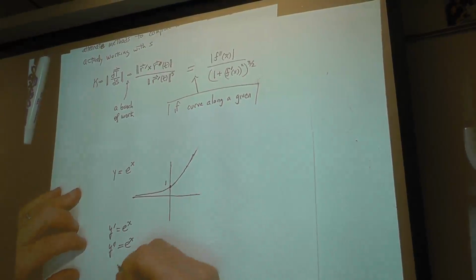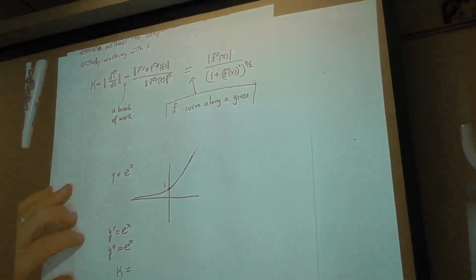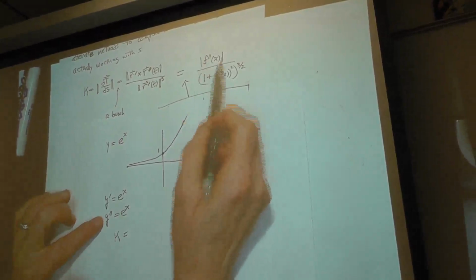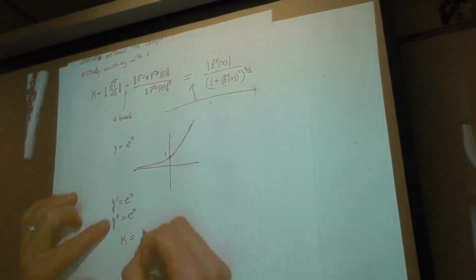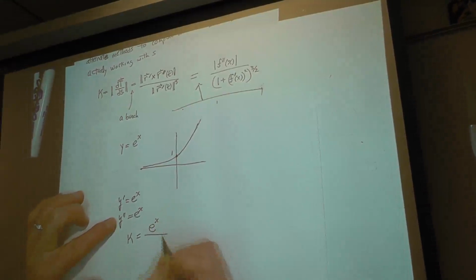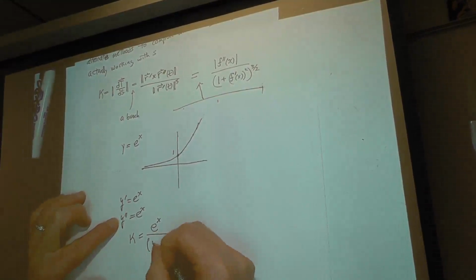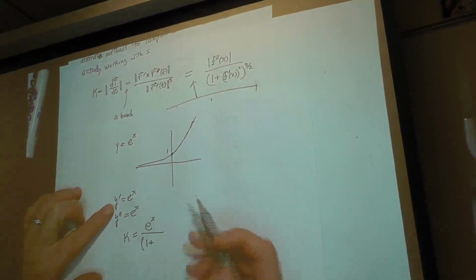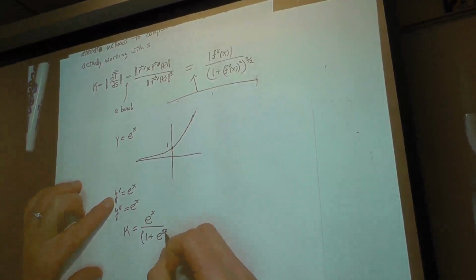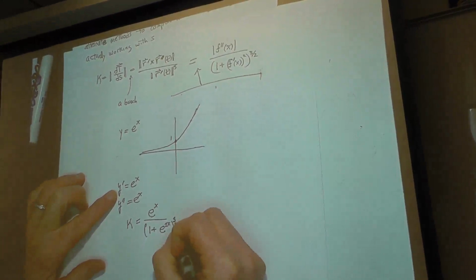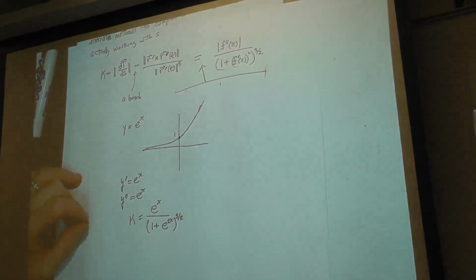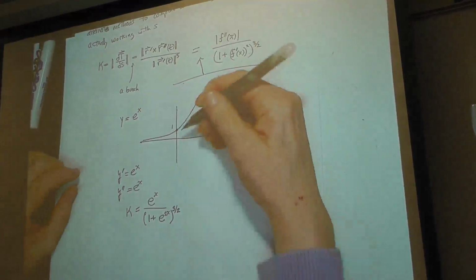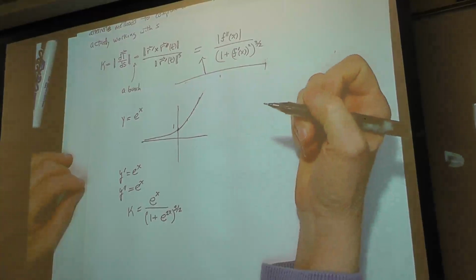So curvature would be defined to be the absolute value of the second derivative, but e to the x is always positive, over 1 plus the square of y prime, so that's e to the 2x, raised to the 3/2 power. Curvature changes depending on where you are on this curve.